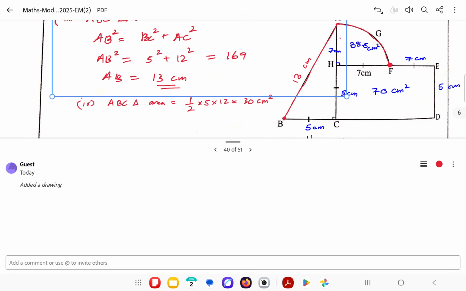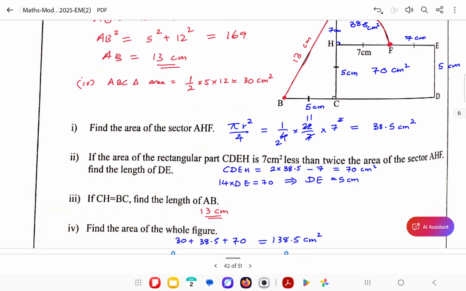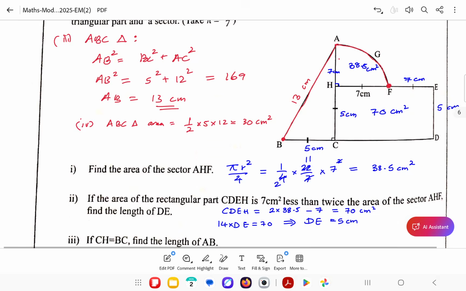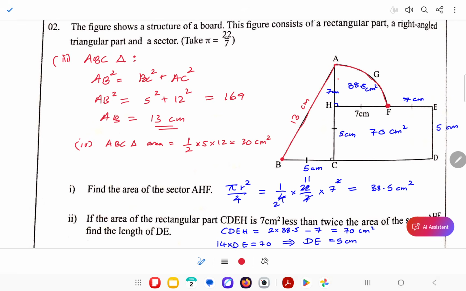So we already know the BA distance. We have to figure out AF distance. How to find AF distance? This is quarter of the circumference. So 2 pi r over 4.